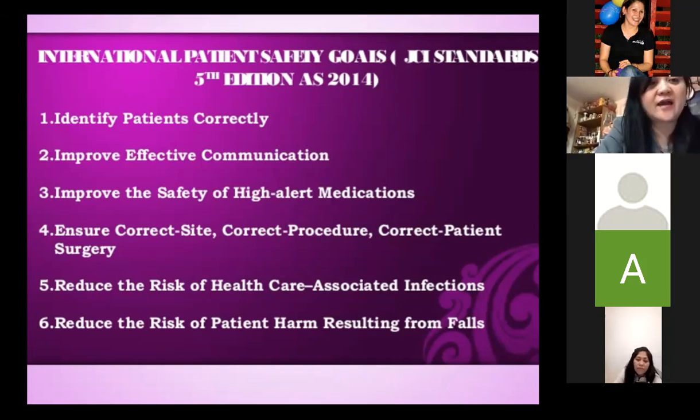We have to improve the safety of high alert medication. So if there's any medication or any procedure, you have to be aware of that.